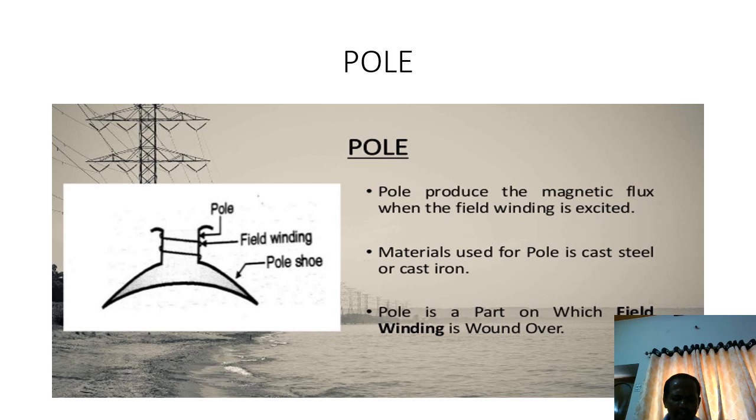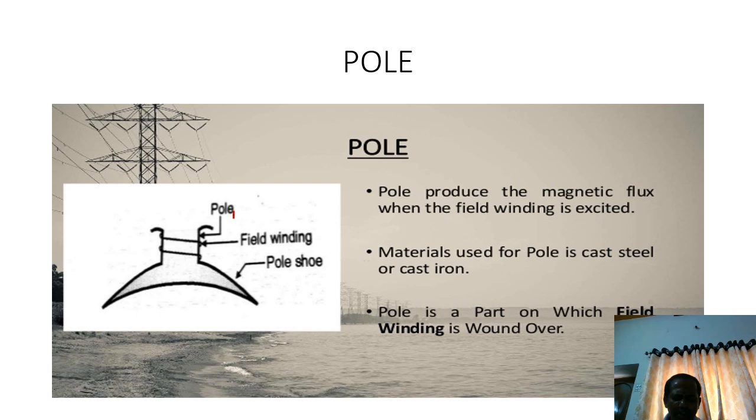In modern design, the complete pole cores and pole shoes are made up of thin laminations about 0.5 mm thick annealed steel, which are pressed together and riveted, and secured to the yoke by means of screws bolted into steel rod.